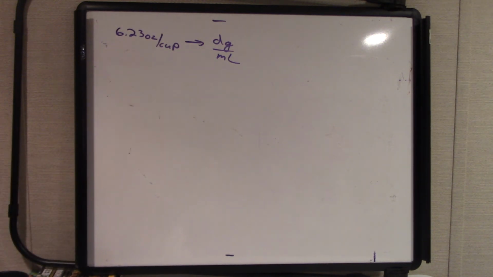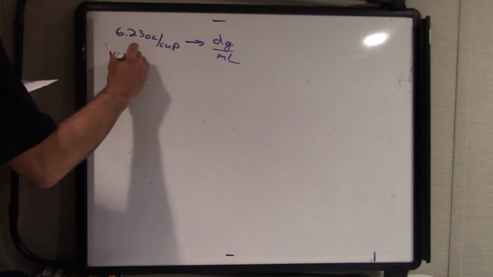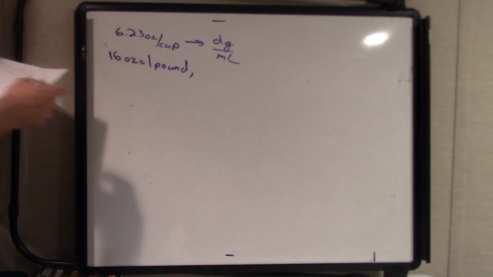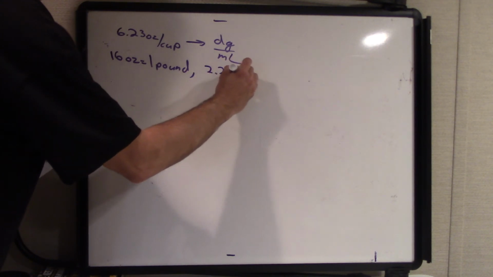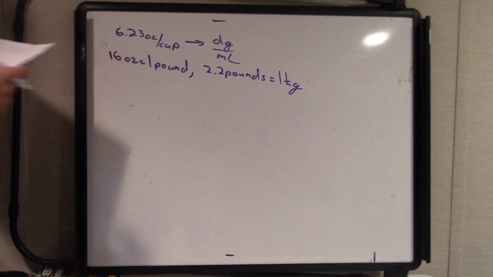Well, we'd be provided some things to do this problem. So some things you might have available to you would be something like 16 ounces in 1 pound. You might have 2.2 pounds in a kilogram.